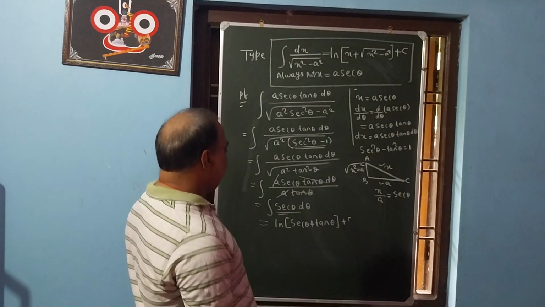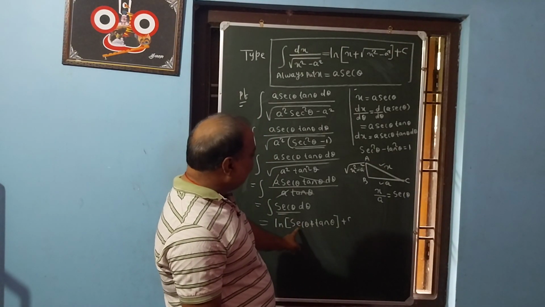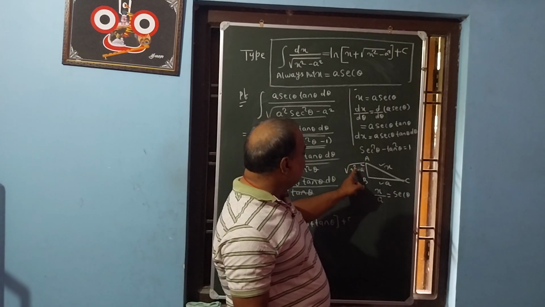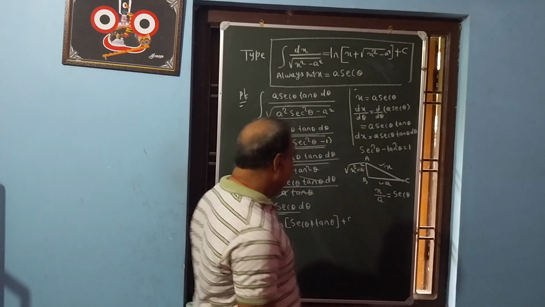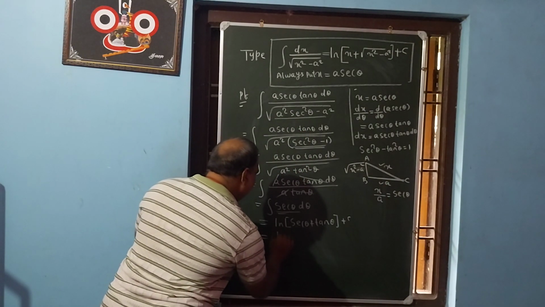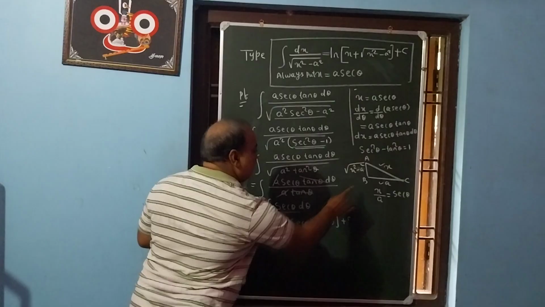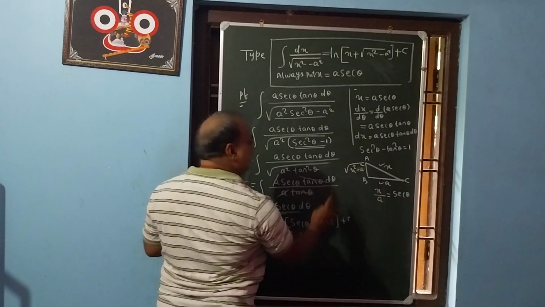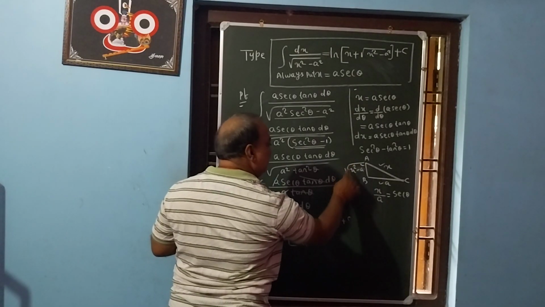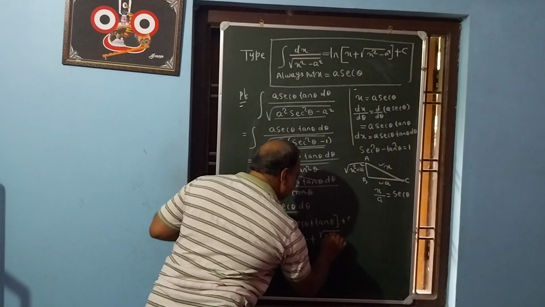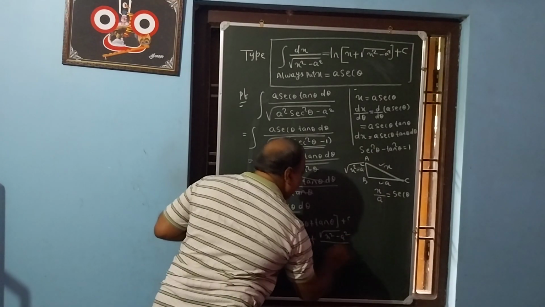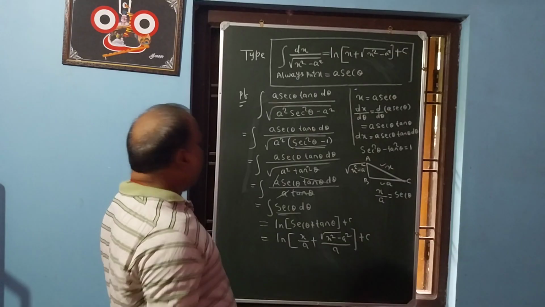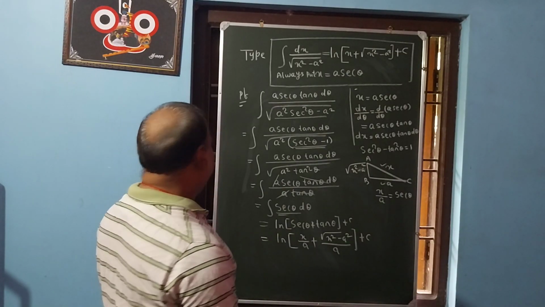So now we have to put sec theta is equal to x by a and tan theta is equal to p by b. P means this, and b means a. So we take ln: in place of sec theta we write x by a, and in place of tan theta, that is p by b, root over x square minus a square divided by a, plus c. Okay. Now we have to take the LCM.